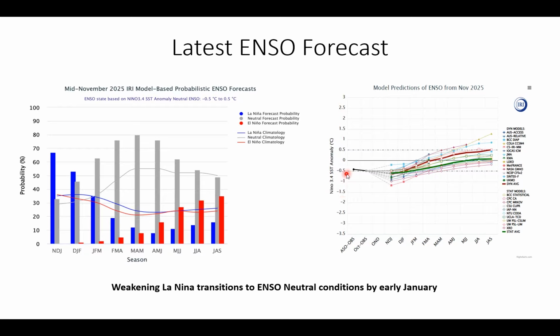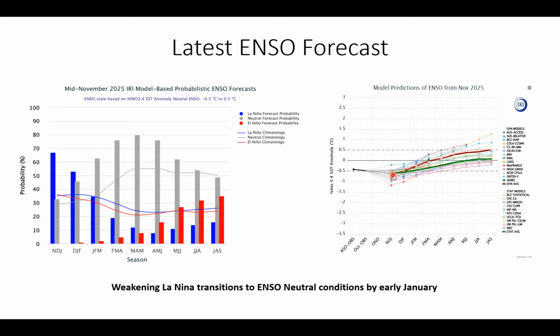And we need minus 0.5 or cooler for La Nina to continue. And you notice November, December, January, that is the peak of where the water temperatures are the coolest. In fact, NOAA's Climate Prediction Center most recently said the water temperature anomalies are minus 0.6 degrees Celsius right now in Nino 3.4. So that's not a very strong La Nina.